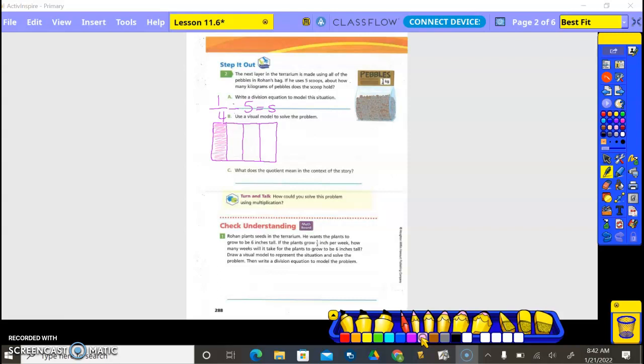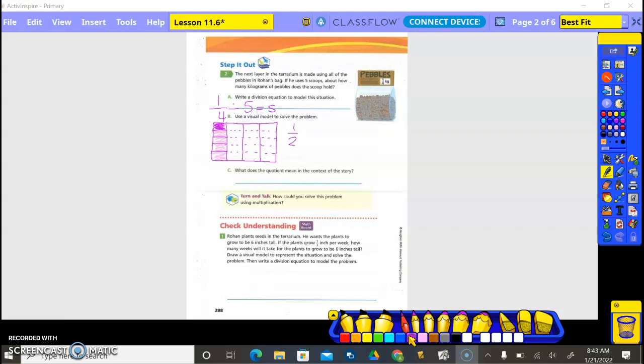Is the 1/4. Okay. Then how many pieces do we break it into horizontally? 5. So we would go 1, 2, 3, 4, and then 5. Okay. And then we want to use only one section of all those pieces. So how many sections did we use?